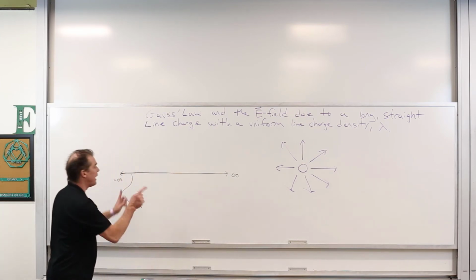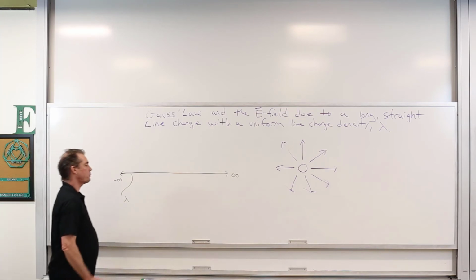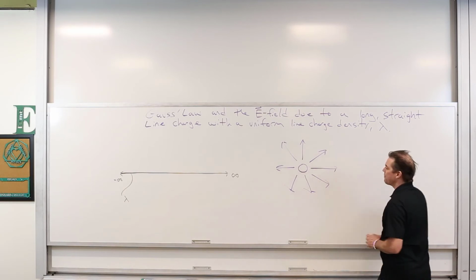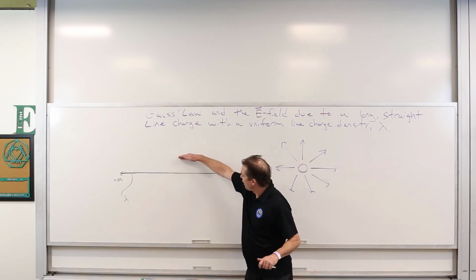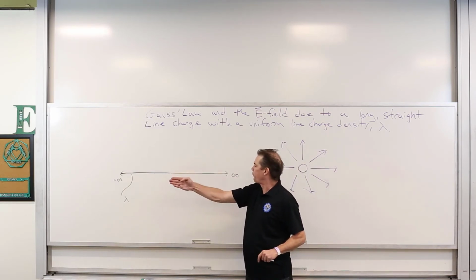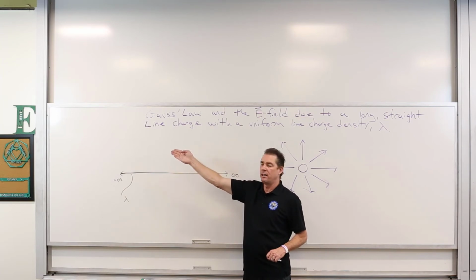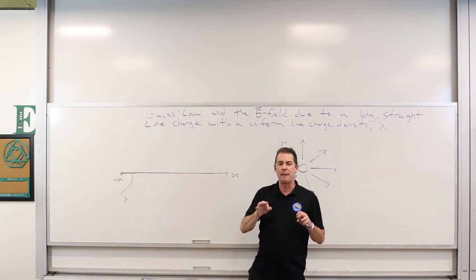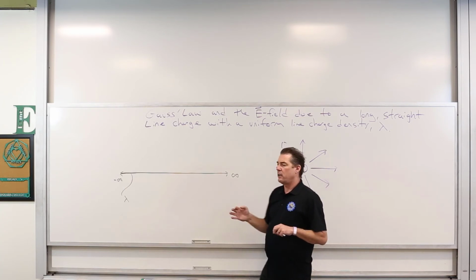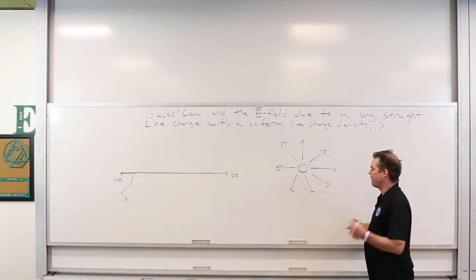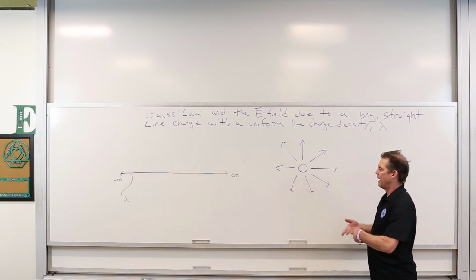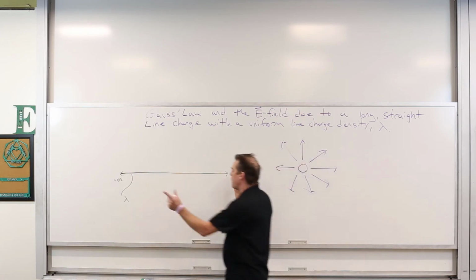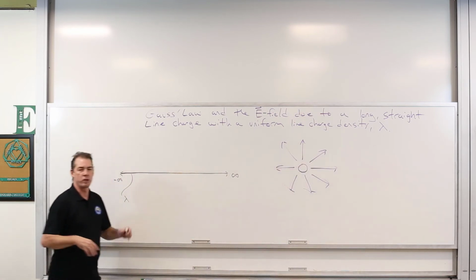All right, so then comes the question: if we're the same distance away from this line charge, above it, below it, in front of it, out to the side of it, should the electric field be the same magnitude? The answer is yeah, because we're going to have the same combination of components, the same distances away from all of the segments that have equal contributions.